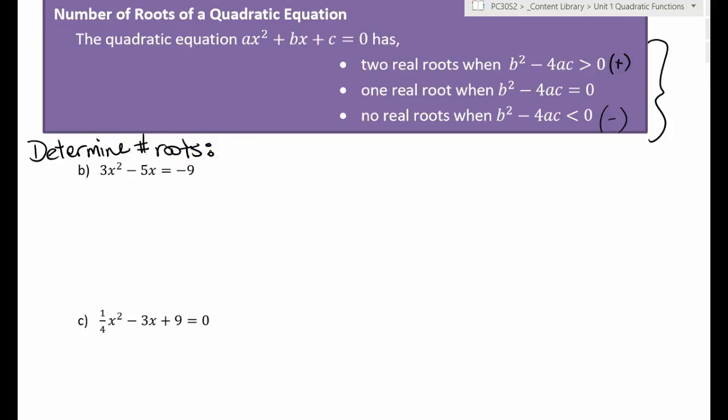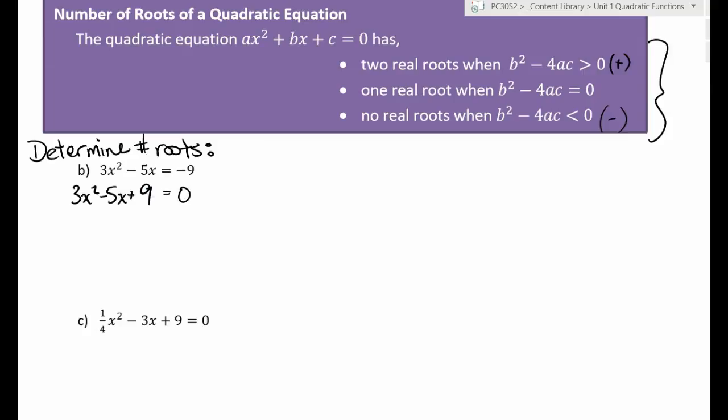For this first example, we've got 3x squared minus 5x equals negative 9. Before we can start plugging into the discriminant, we need to get this into general form. So again, set equal to 0. We always need it set equal to 0 for general form. We've got 3x squared minus 5x plus 9.